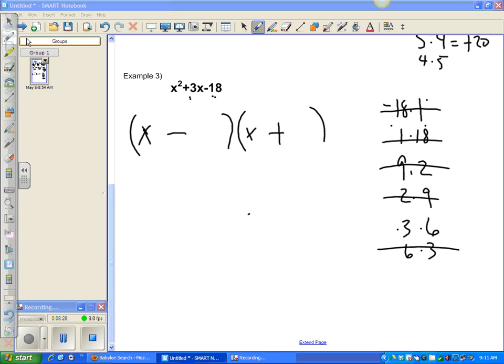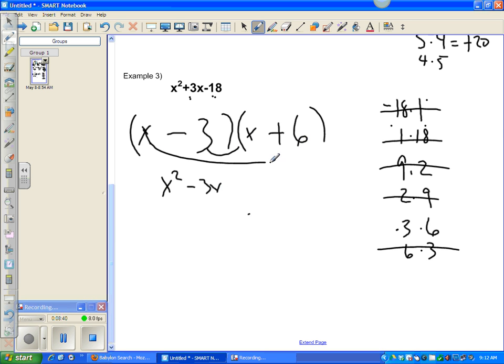And since I have my method to my madness, I'm going to put 3 and 6 in here. And let's see if this works out. X squared, negative 3x. This is my FOIL method here. I'm sorry, I'm not doing my proper FOIL. 6x, and this is a negative 18.